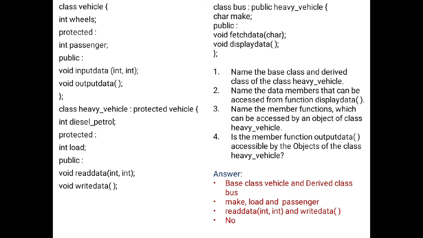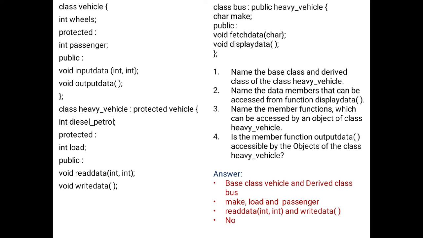Whereas it cannot access the derived class members, and at the same time it cannot access the class vehicle member function, because the class vehicle member function is accessed as protected. So that's why it cannot be made accessible by the object of that class heavy vehicle.